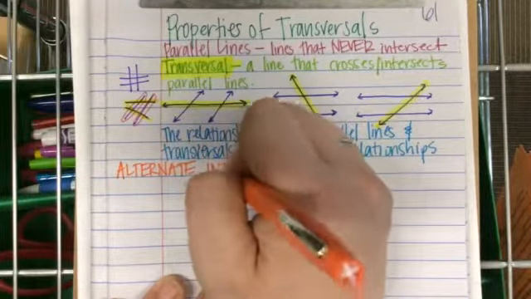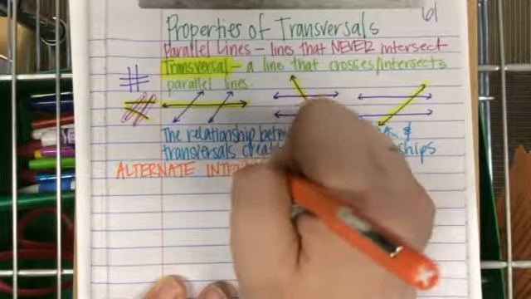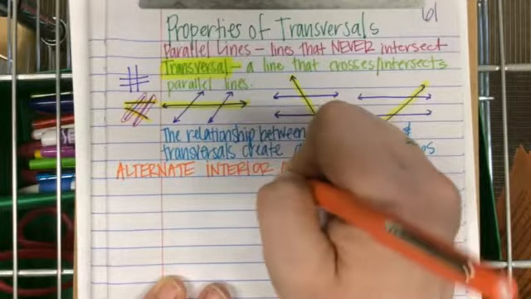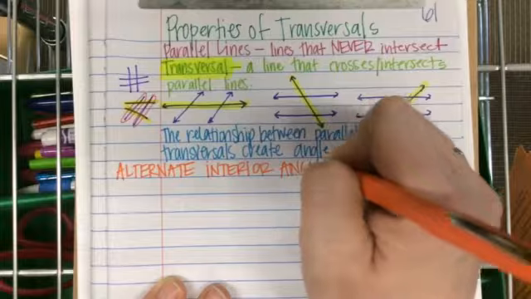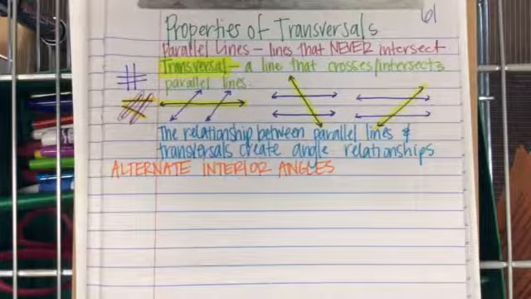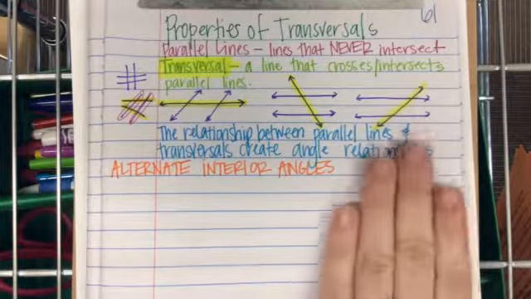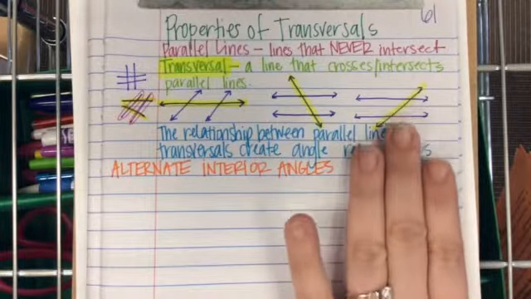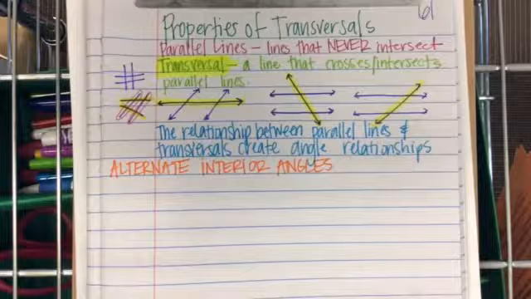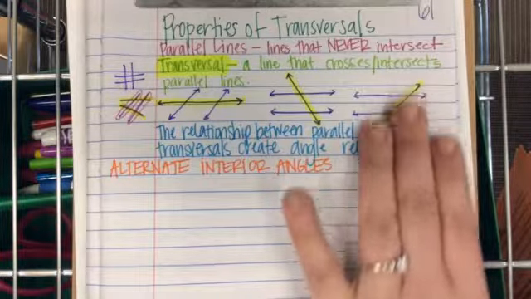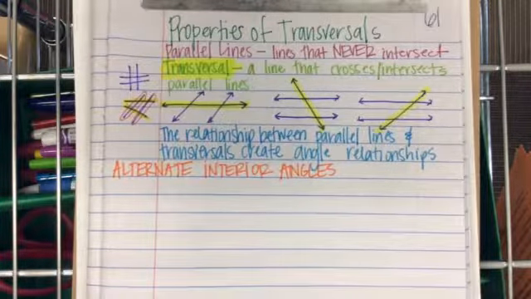Alternate interior angles. Remember, angles. And I want you to make 3 finger widths on the side. We're going to draw some pictures down the right side or left side.